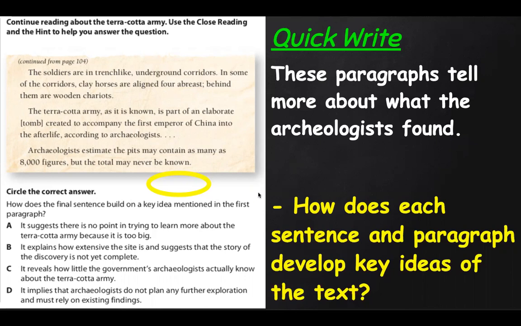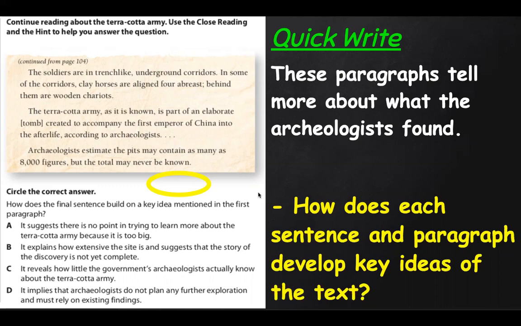I think it's B because the last sentence says archaeologists estimate the pits may contain as many as 8,000 figures, but the total may never be known. But it never says that archaeologists plan to give up or that they're going to stop the exploration. So it's not A. And for C, it reveals how little the government archaeologists actually know about the Terracotta Army.